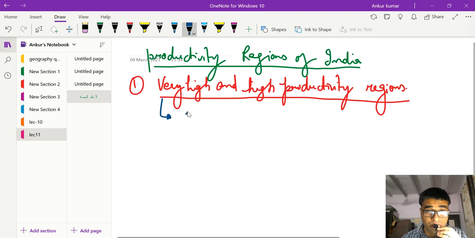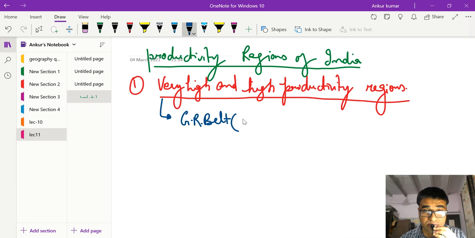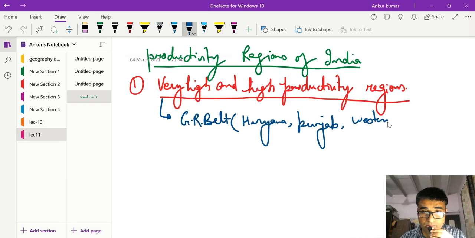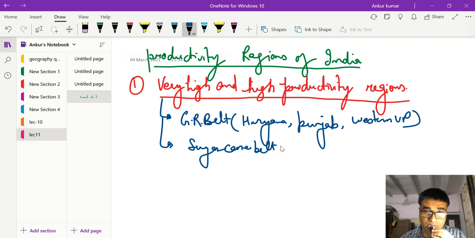These include the green revolution belt. What is this? This is Haryana, Punjab, western UP. It includes the sugarcane belt of Maharashtra.